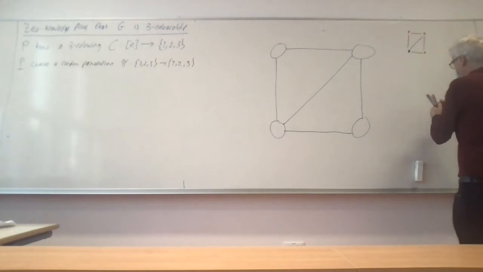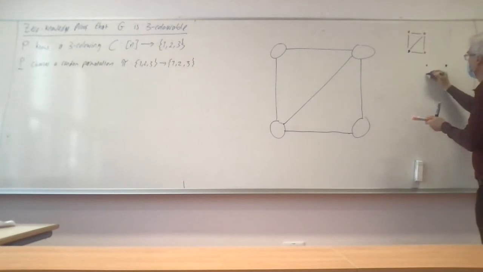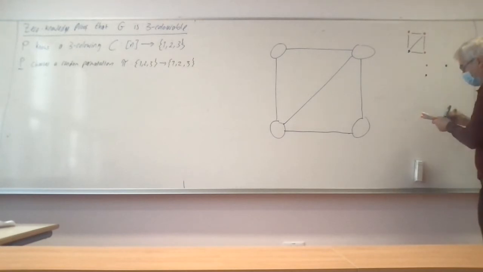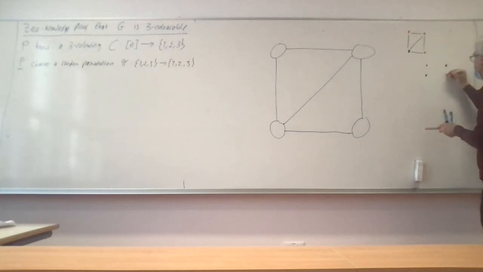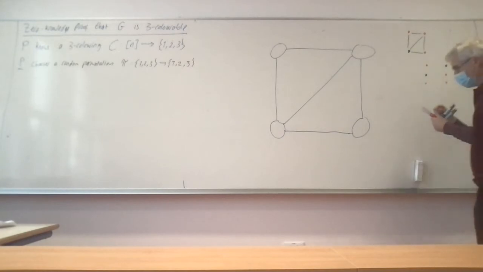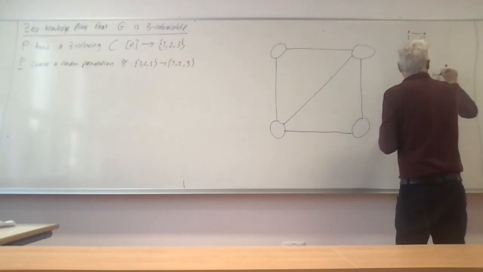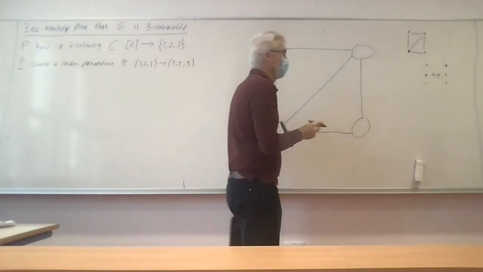So the random permutation might map red to blue, and so on. There are only 6 of them on 3 colors, so some of them are cycles, some of them are swaps. Let's do a swap. So suppose it's this one.